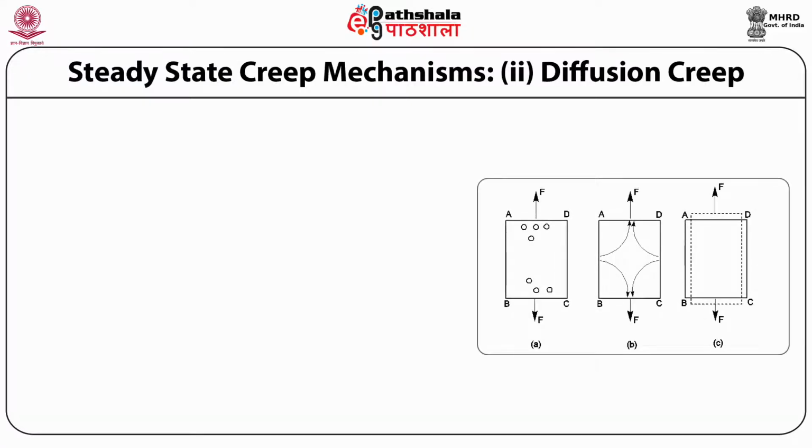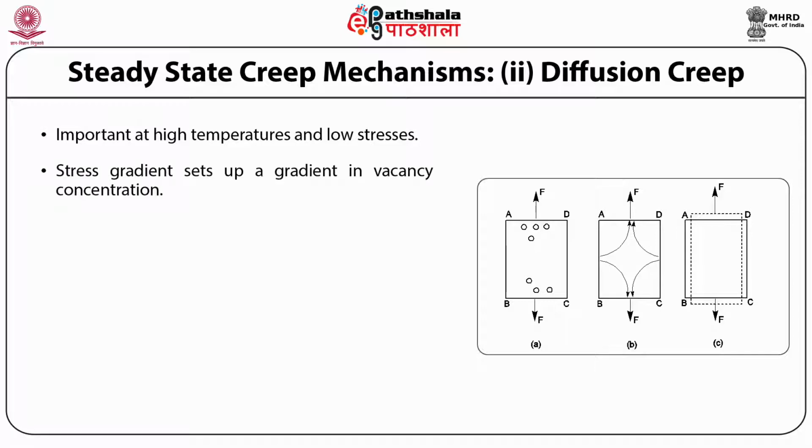Let us now discuss the second steady state creep mechanism, that is creep by diffusion. Creep by diffusion is important at high temperatures and low stresses. If there is a stress gradient in the body, a gradient in the concentration of vacancies is set up in a grain because a stress sigma lowers the formation energy for a vacancy by approximately sigma b cubed, where b is the Burgers vector.